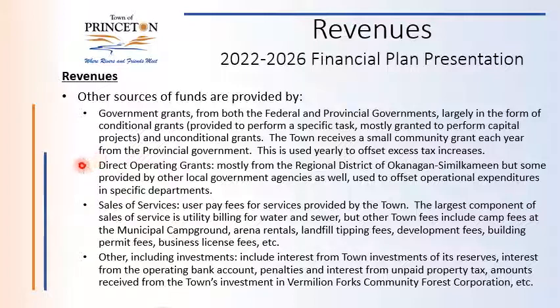Direct operating grants we get from the regional district and some other local government agencies, Village of Keremeos for transit, for example, or Interior Health, are used to offset operational expenses. Sales of service: some are very dependent on sales of service.